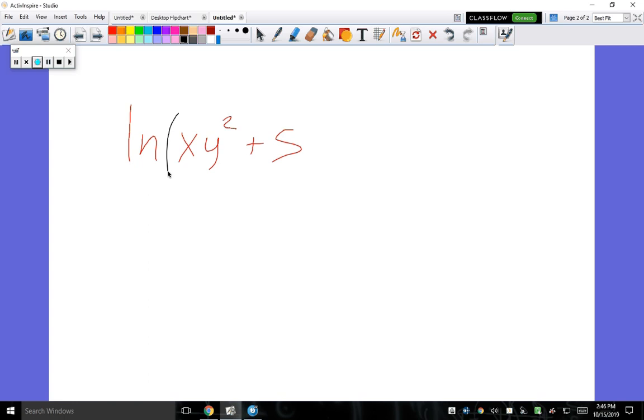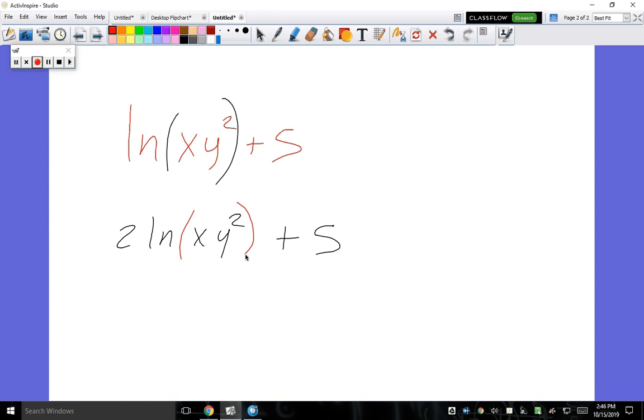So if there were no parentheses, that's what you're supposed to interpret. What if it was 2 natural log of all of this? Yeah, this is a good question. Good timing too. Because everything that follows the natural log, that's glued together through multiplication like a monomial, that's the way you're supposed to look at it.